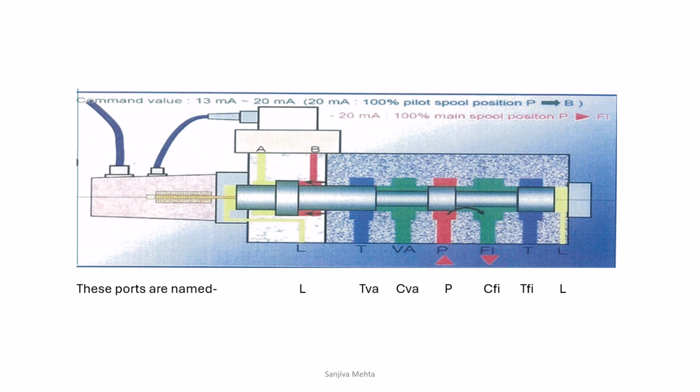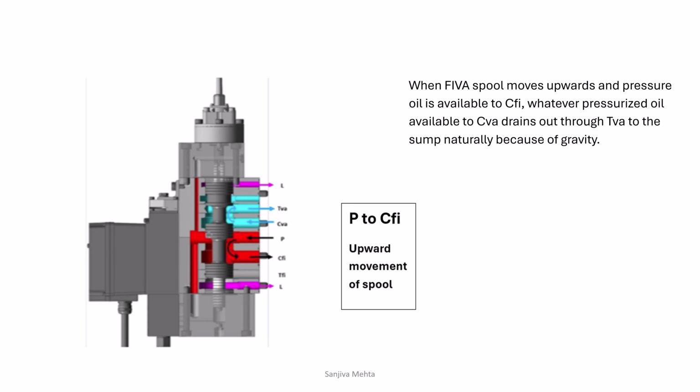As it moved, the oil became available to CFI. This goes to the fuel oil pressure booster. When the FIVA spool moves upwards and pressure oil is available to CFI, whatever pressurized oil was available to CBA drains out through the TWA.